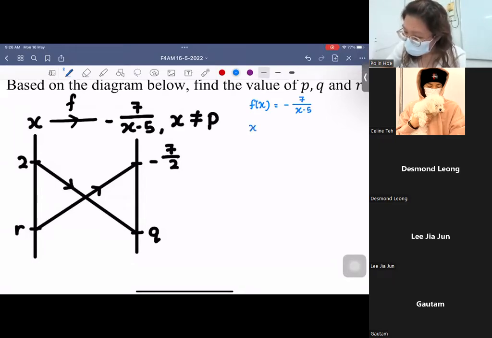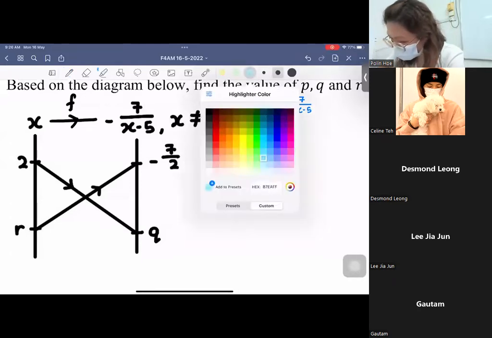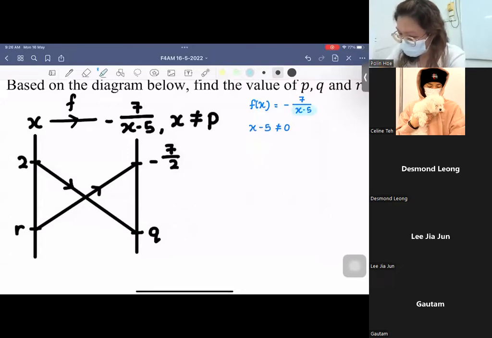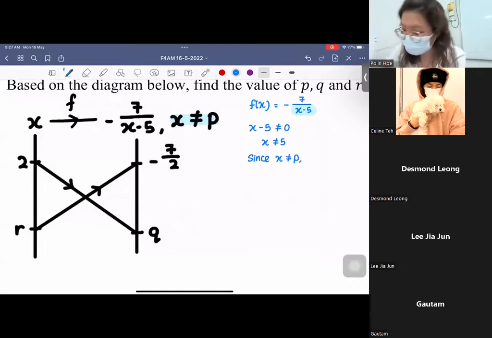We all know that x minus 5 cannot be equals to 0, so x cannot be equals to 5. And my question tells me that x is not equals to P. Since x is not equals to P and x is not equals to 5, P will be equals to 5.